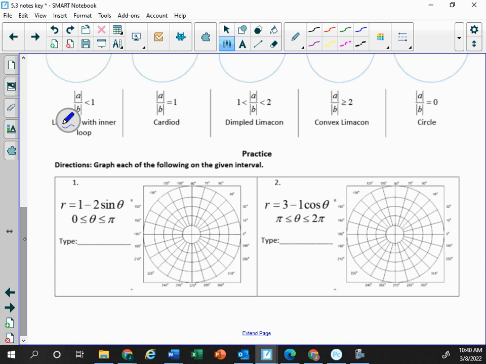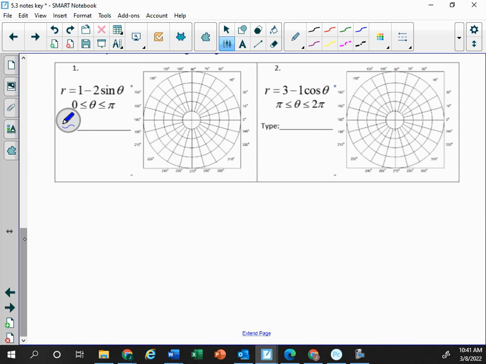So again, like your homework with the circles, when it's a specific interval, you really do still have to plug in a few points. You should absolutely have in your head what the whole shape looks like, a visual idea of it, but then you're going to plug in some points to get the actual interval we're looking for. So 1 minus 2 sine theta, without graphing anything, is that inner loop, cardioid, dimpled, or convex? Inner loop, okay, excellent.